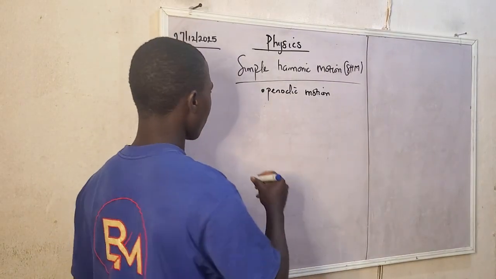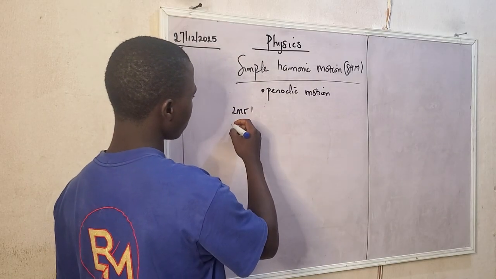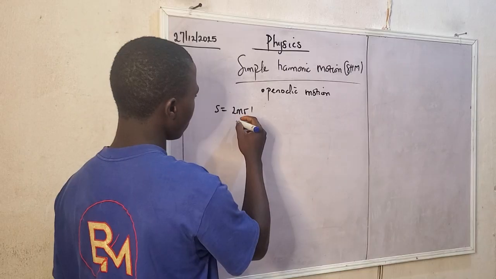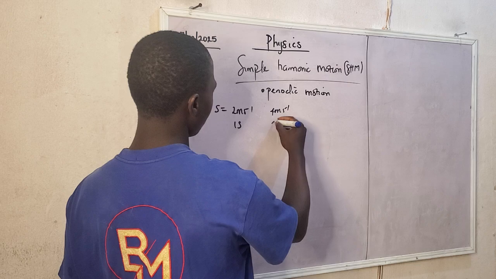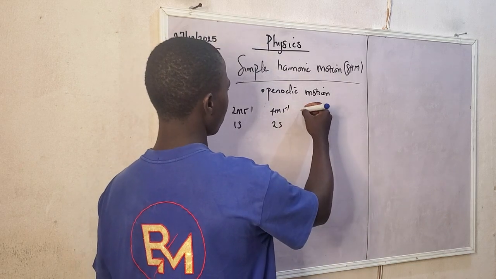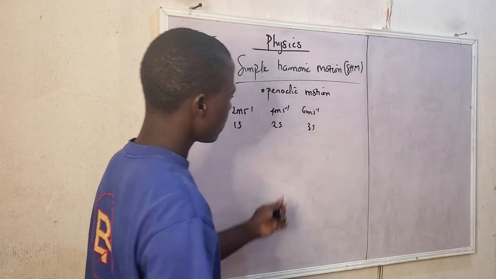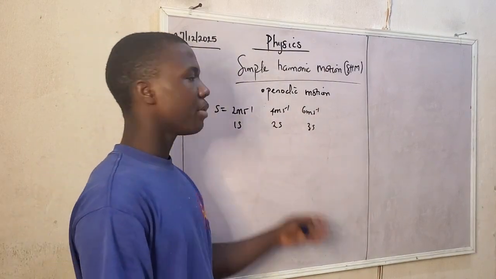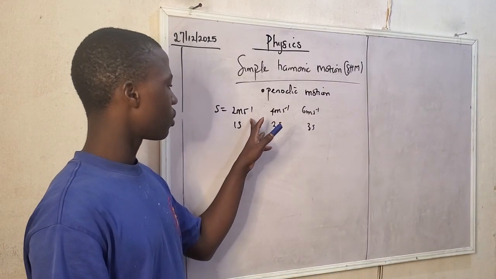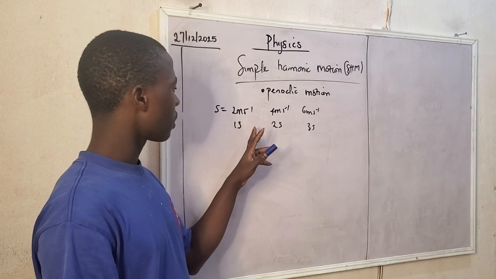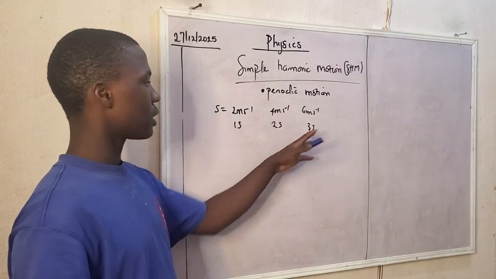If a car travels 2 meters per second in 1 second, and then 4 meters per second in 2 seconds, and then 6 meters per second in 3 seconds, this is what I mean by a periodic motion: a motion which occurs at a regular interval.